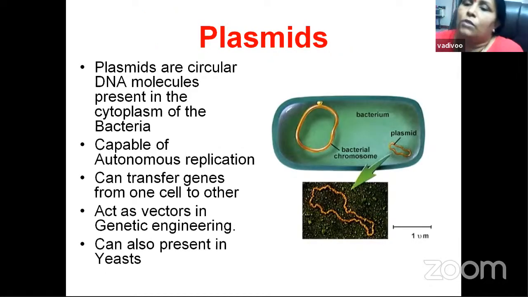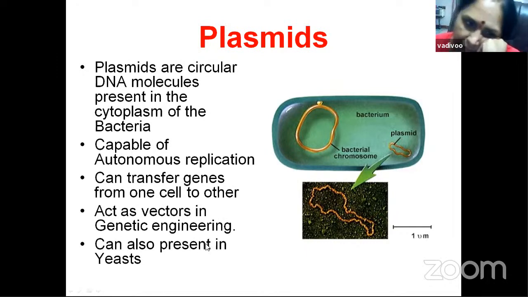These extra chromosomal genetic elements are otherwise called plasmids. As I have told, they are circular DNA molecules present in the cytoplasm, and they are capable of autonomous replication, independent of the DNA molecule. They can transfer genes from one cell to another as well.